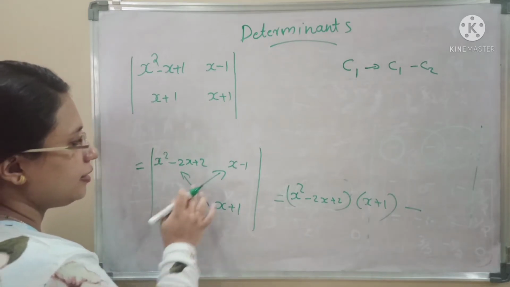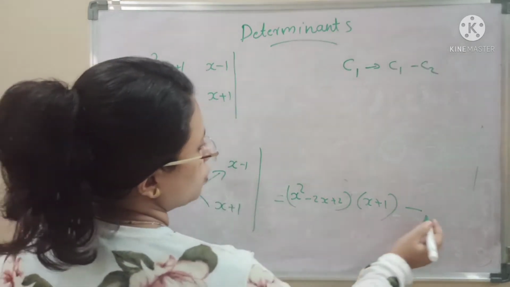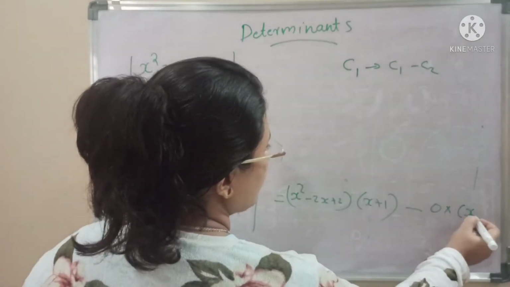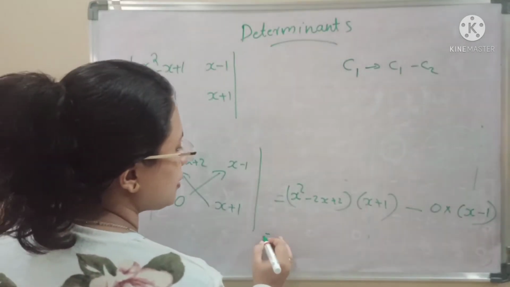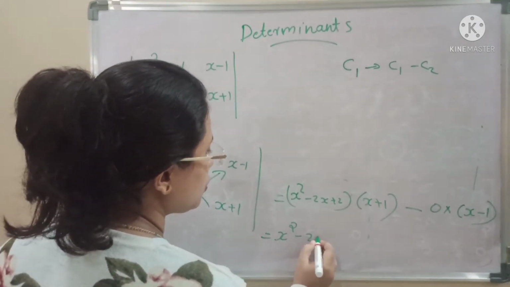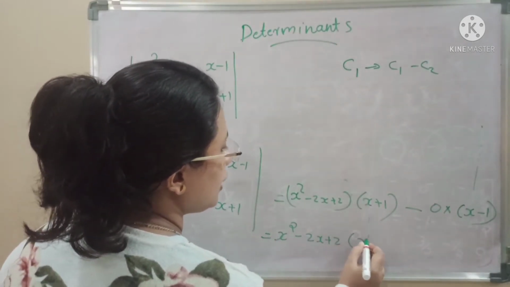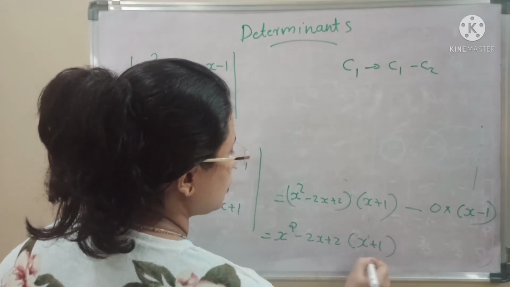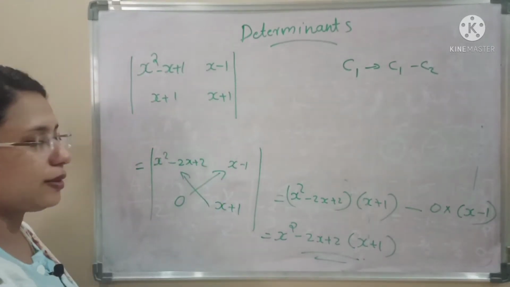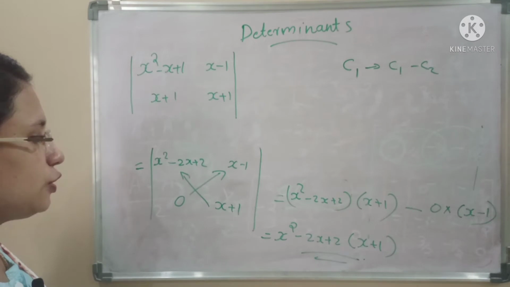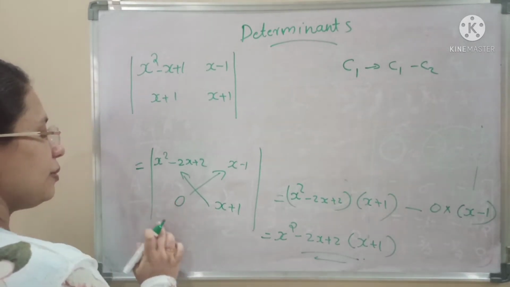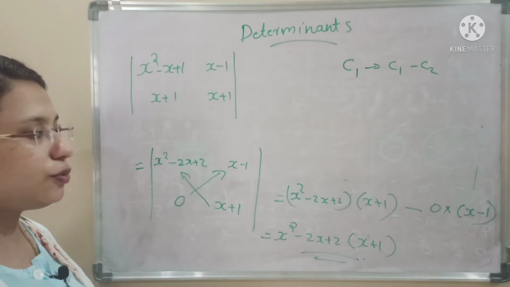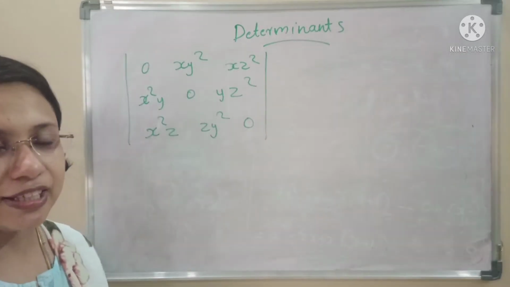Then the next pair, 0 into x minus 1, that is 0. So our answer will be x square minus 2x plus 2 into x plus 1. Clear? If you make an element 0, you will get a benefit. Let's see our next problem.